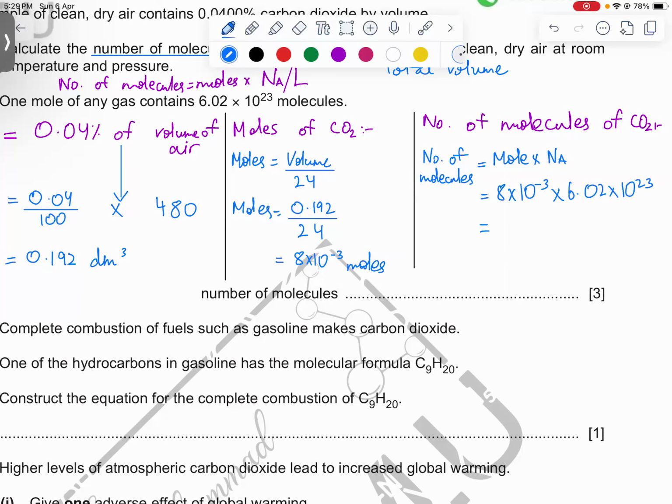When you multiply these two values together, what do you get? 4.816 × 10^21 molecules. All right. So your final answer is 4.816 × 10^21 molecules.